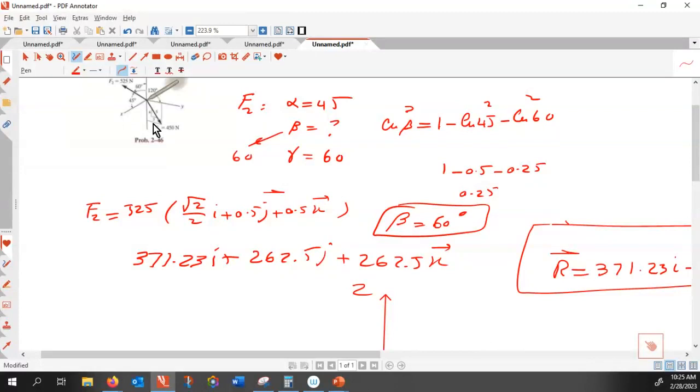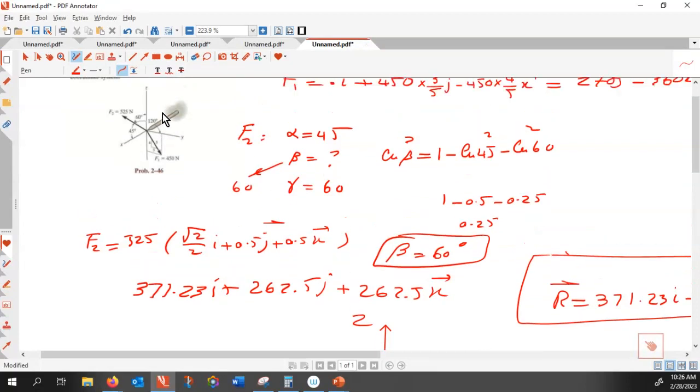And I think they already gave us beta. No, that is for the F2. I'm talking about F1. F1 is flat. Yeah, but for the F2, this beta is already given at 120.